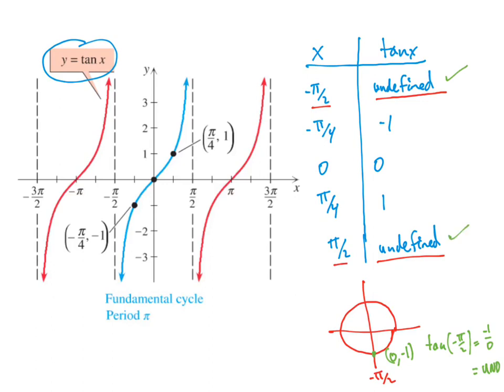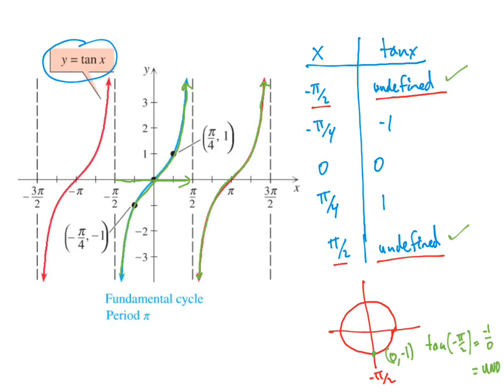So what we notice is that as x is increasing, so as we're going to the right along the x-axis, the value of the function is increasing. So as we go to the left, this curve is increasing. And that keeps happening in each period for the tangent graph.